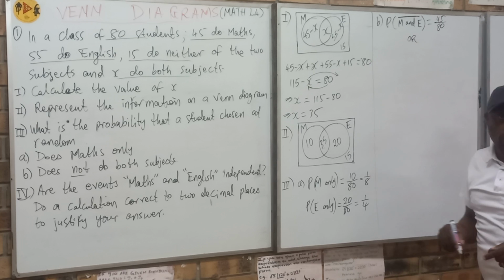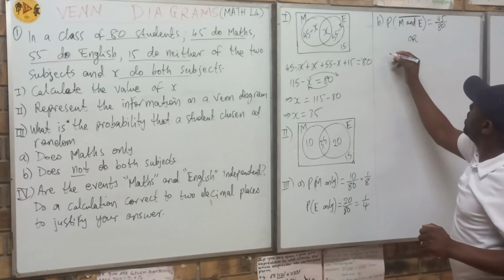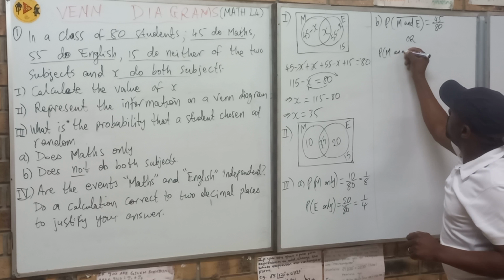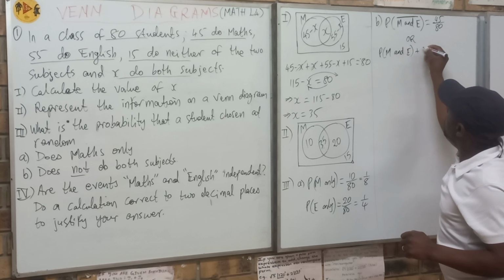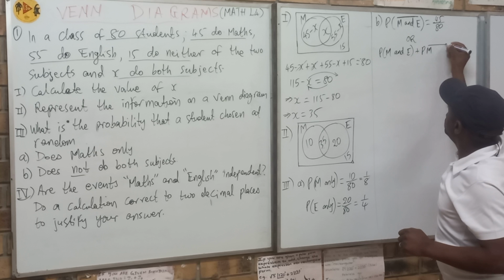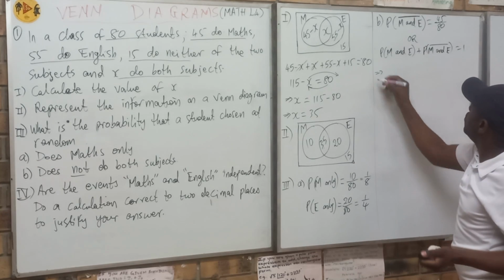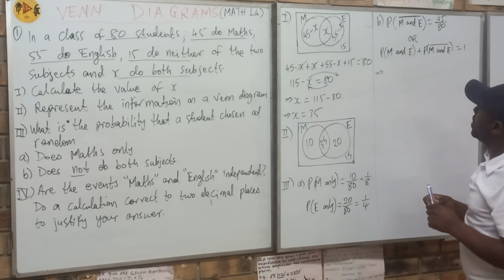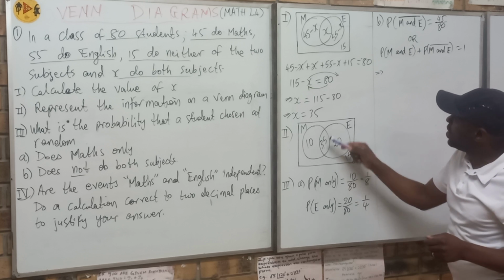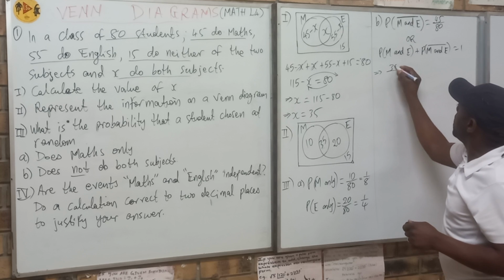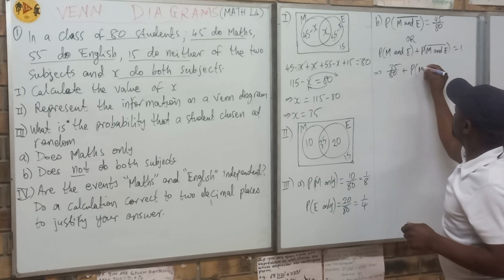Or, if you want to use the idea of complementary events, as we all know, the probability of doing math and English plus the probability of not doing math and English should always give me 1. So those who do both subjects, which is math and English, we already see that it is 35 over 80, plus those who do not offer both.